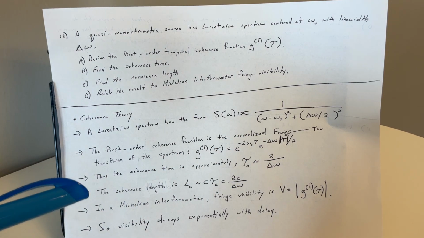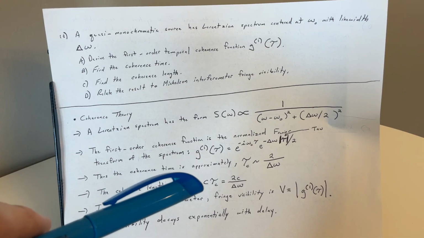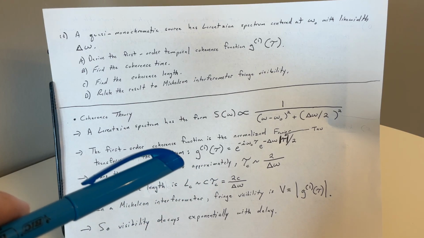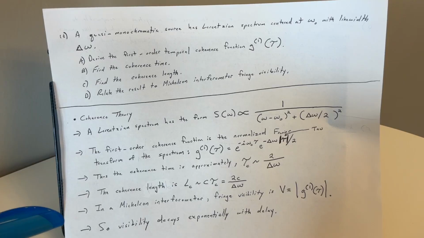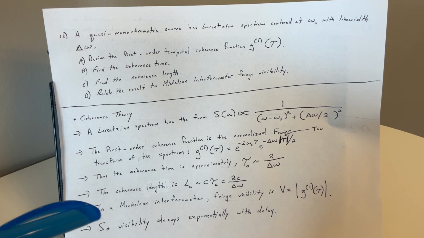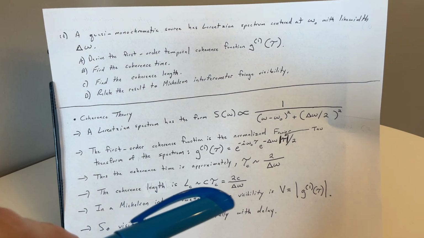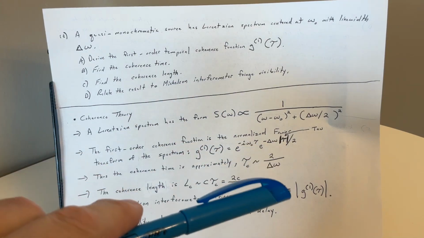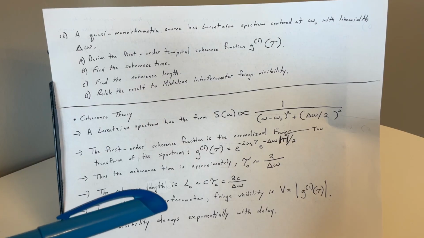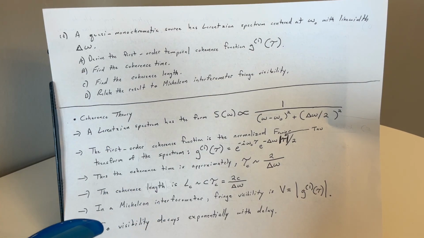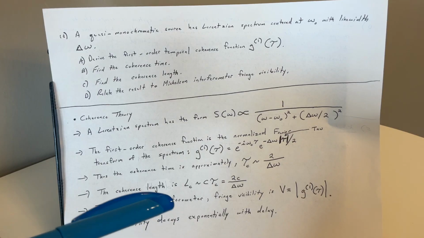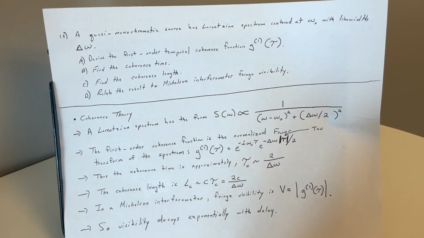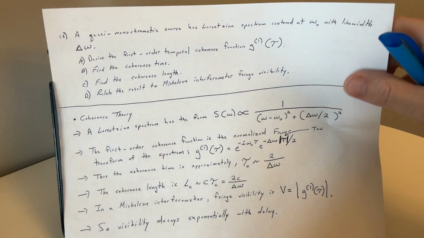The coherence length is L sub c approximately c times tau sub c, that equals 2c over delta omega. In a Michelson interferometer, fringe visibility is V equals the magnitude of the first order temporal coherence function, and so the visibility decays exponentially with delay. So that's number 13. Let's move along to number 14.